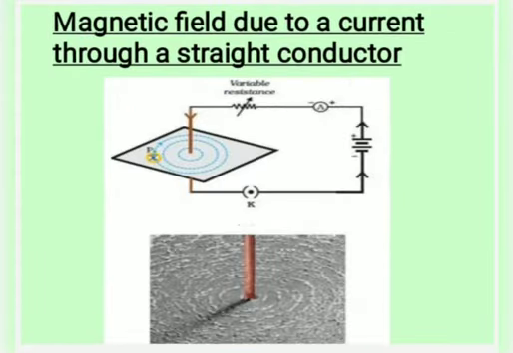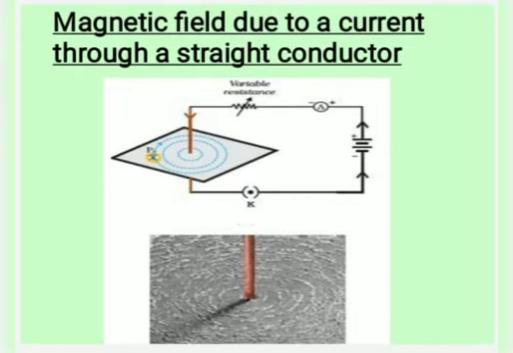Our next topic is magnetic field due to a current through a straight conductor. I will explain this topic using an activity. The experimental setup is as shown in the figure. A thick copper wire is inserted through a rectangular cardboard sheet and some iron filings are spread over the sheet.